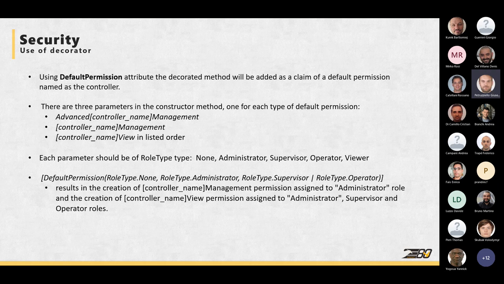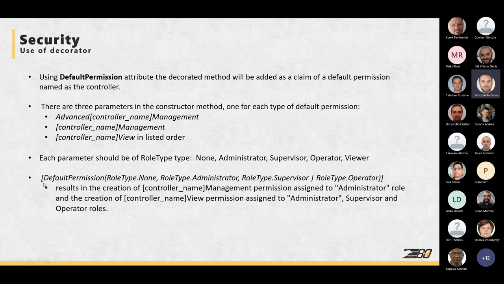So the advanced controller name management, and controller name view. So this is possible. And each parameter that you can add to the decorator should be a role type that we saw before, for example administrator, supervisor, operator, and viewer.